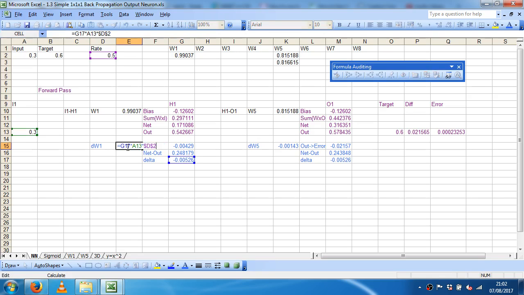So let's do that. Oh, and good old Excel's done that for me. In the same way as we did this multiplication back to here, we've just got the same multiplication back to here. It's already included in my rate calculation. And let's see what that gives us. Okay, so we can just do the same thing as we did here. So we take equals weight 1 minus, get it right this time, this value here.